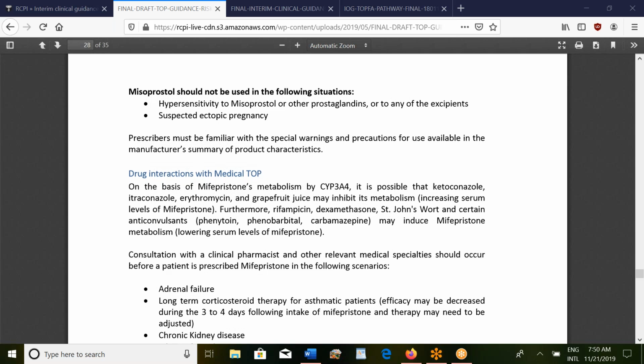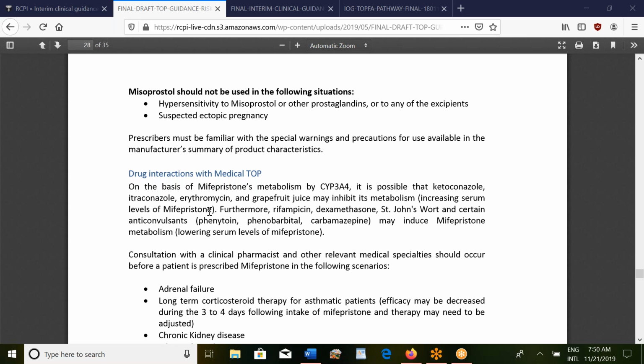If intrauterine pregnancy has been located and she has some problems, then you can offer them. On the basis of mifepristone metabolism, it is possible that ketoconazole may inhibit its metabolism, so the serum level of mifepristone will increase.